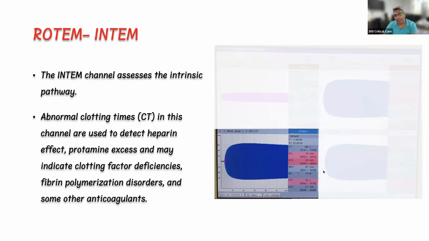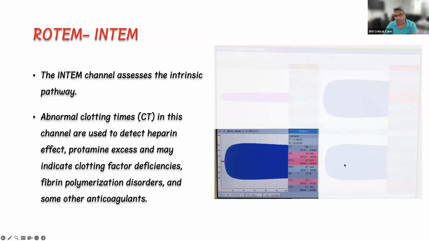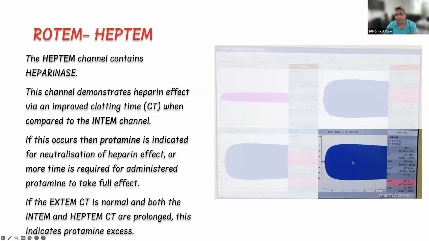So if you have a prolonged clotting time in INTEM which gets corrected in HEPTEM, that means it is heparin effect. But if you have a prolonged clotting time in INTEM and also HEPTEM, it is not because of heparin, it is because of something else, some other inhibitors. Okay, so that's what you need to understand. The HEPTEM channel contains heparinase, it destroys the heparin.